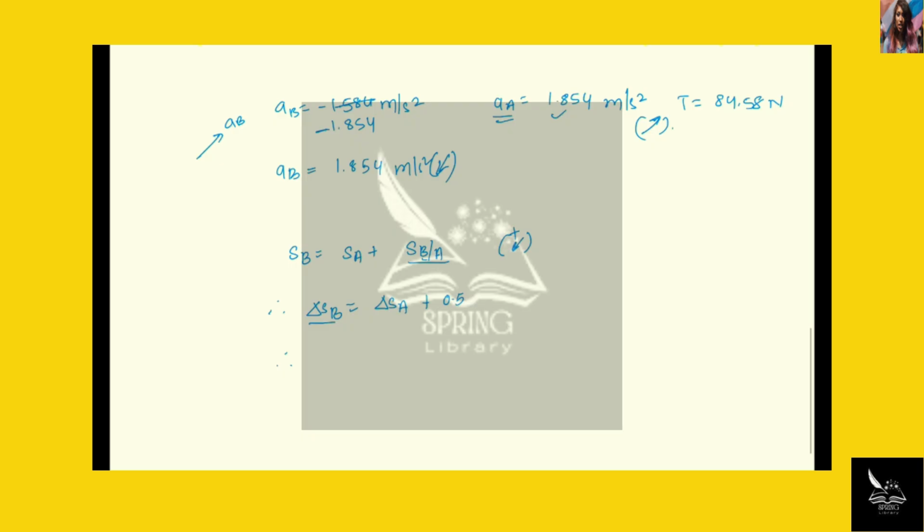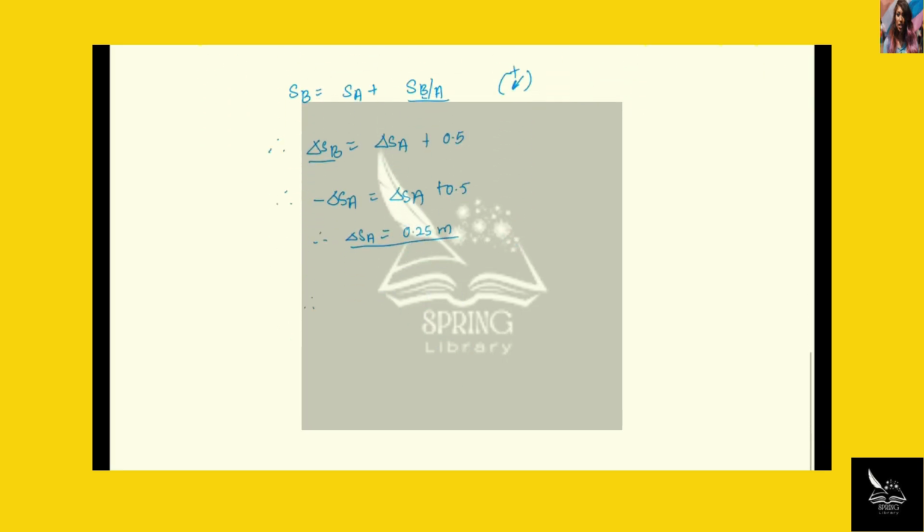We know the change in length of SB is minus the change in length of SA. So this gives us this value. On solving this, we get the change in length of SA is 0.25 meters. So this is the amount SA is going to move.